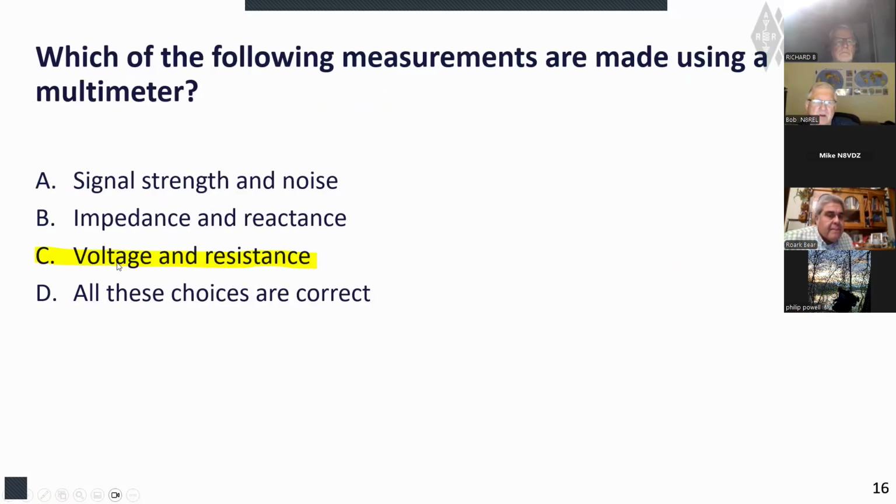You can usually measure voltage, resistance, and usually current too, so volts, ohms, and amps. But the question only gives you two: volts and ohms in this case.